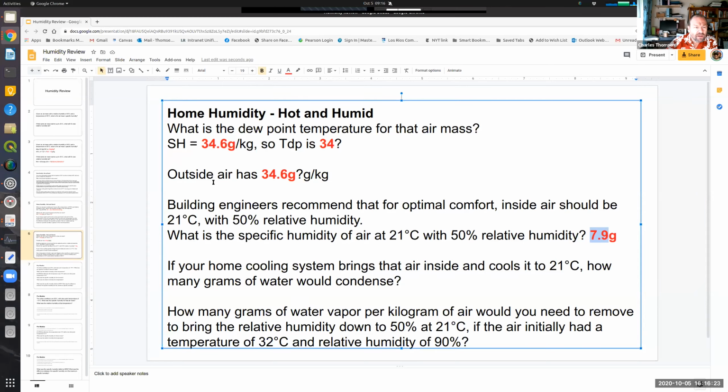Okay, so the air, the sweaty, gross air outside, has how many grams? We decided it has 34.6, and what we want it to have is 7.9. So 34.6 minus 7.9.